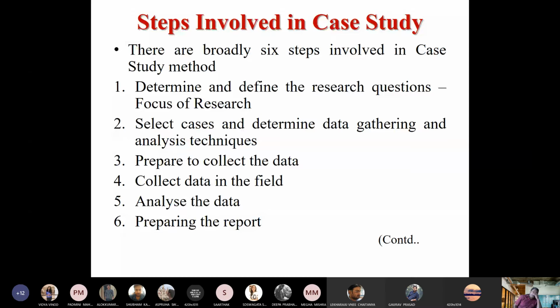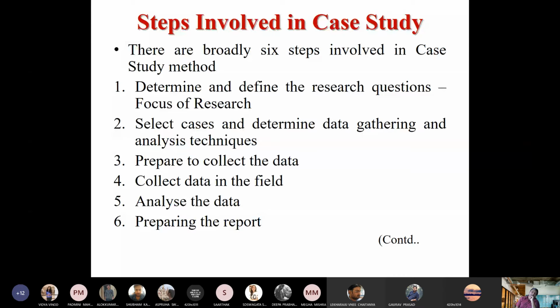If I am going to take the case study, in the second phase I have to select my cases, because once my objective is clear and my questions are clear, the second is the cases on whom I have to take my case study.